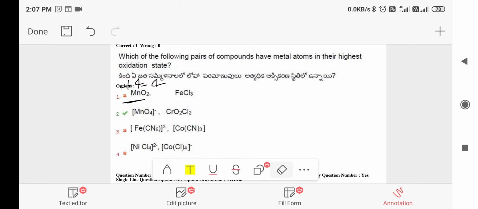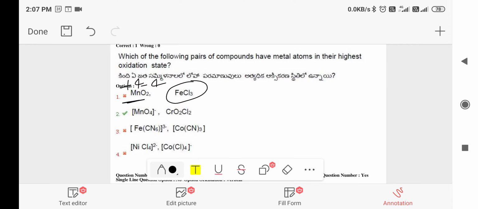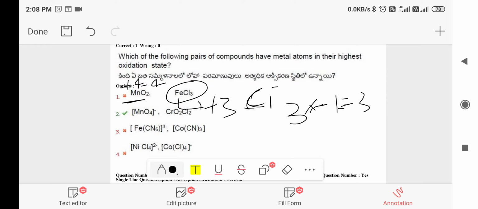ferric chloride. For this, one chloride ion carries -1 charge. So we have 3 chloride ions, each -1, so 3 into -1 equals -3. So ferric iron consists of +3 oxidation state. Then the next option, permanganate.